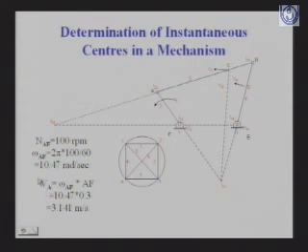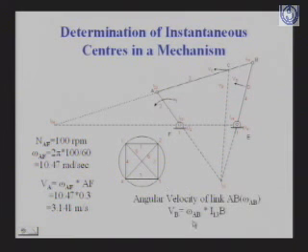So here we have calculated the linear velocity of point A, because we know the distance to the instantaneous center. This instantaneous center lies here, I12, so the distance between this point and this one is known, and with the help of this we can calculate the linear velocity of point A. Similarly, the angular velocity of link AB we can find out.